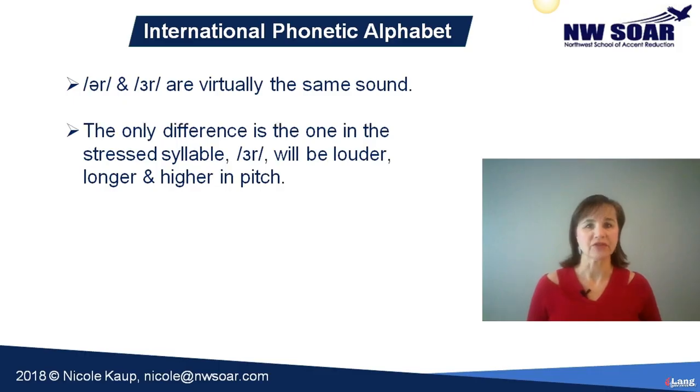The only difference is that the one in the stressed syllable will be louder, longer, and higher in pitch. The mouth and the tongue are in exactly the same position for both sounds. For example, in the stressed syllable, you hear work and first.